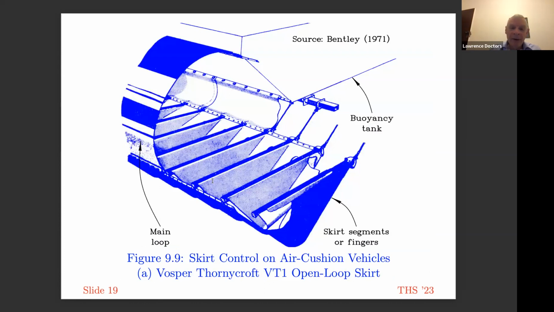We're now moving on to something which represents pretty much the modern design of skirt, where one has a bag. This is the upper part, and the lower part consisting of the fingers. This arrangement is a little bit different still from the early bag and finger skirts, because it's not a complete bag at the top.